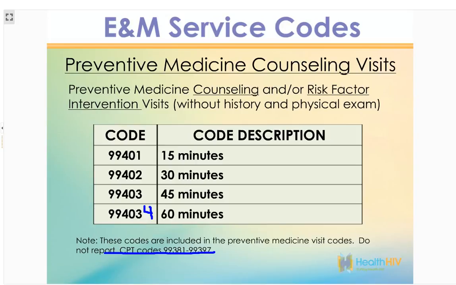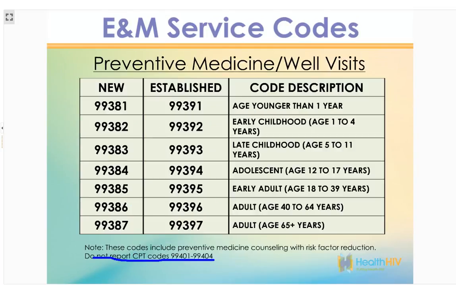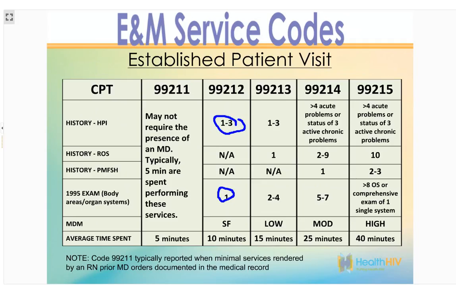On a prior webinar series, someone asked whether you can report the preventive counseling visit codes together with your regular E&M codes. That is purely a decision based upon the insurance carrier.